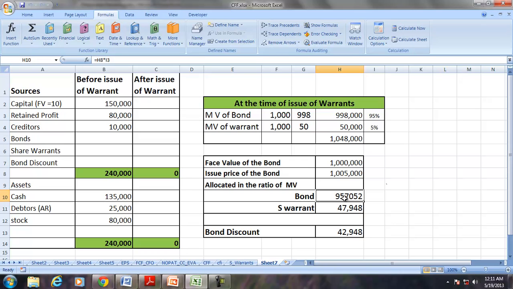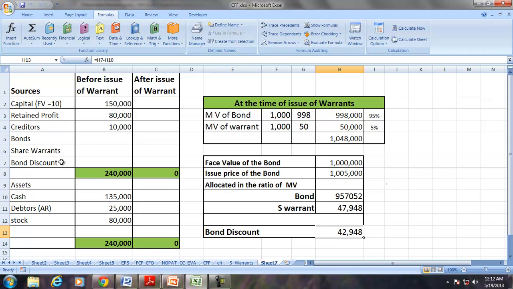So the value of the bond on the date of issue is 9,57,052, and the value of the warrant is 5% of that, 47,948. So the bond with a face value of 1 million is said to be issued at 9,57,052.